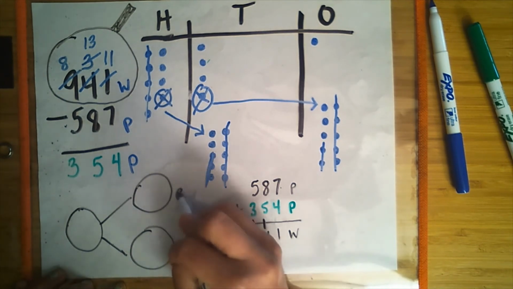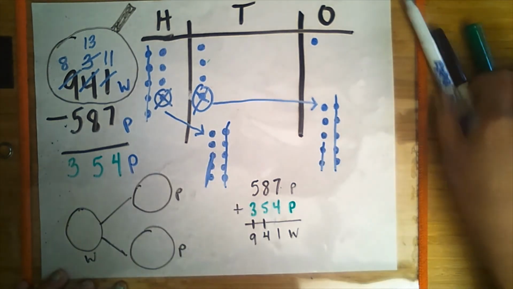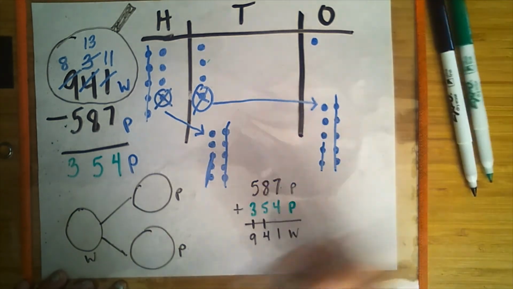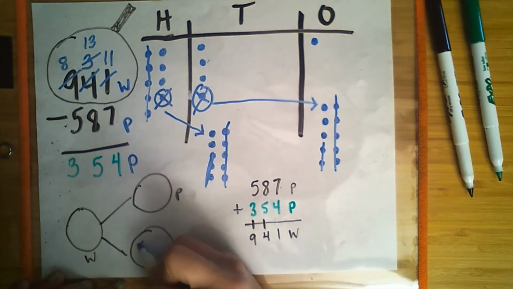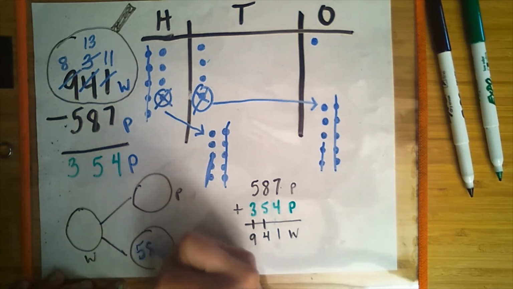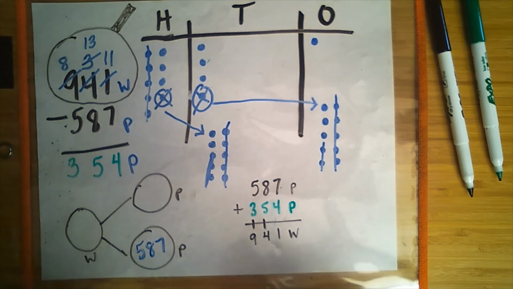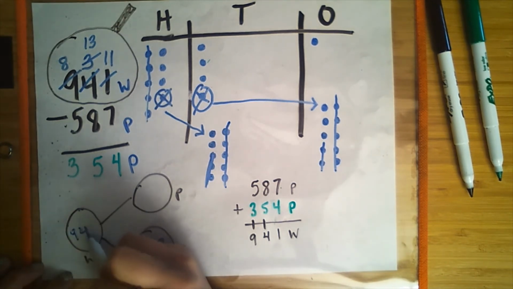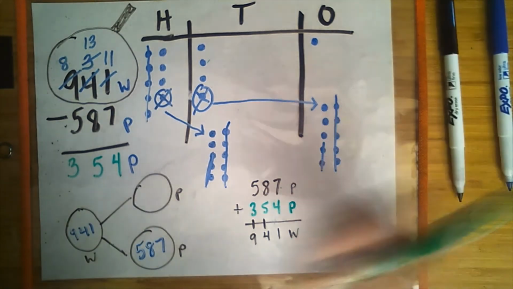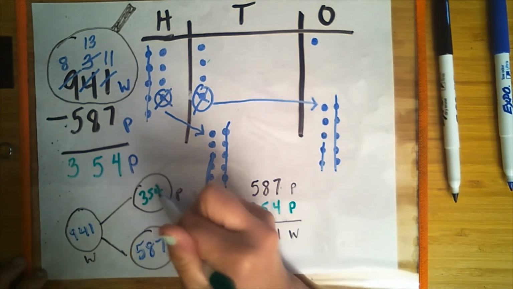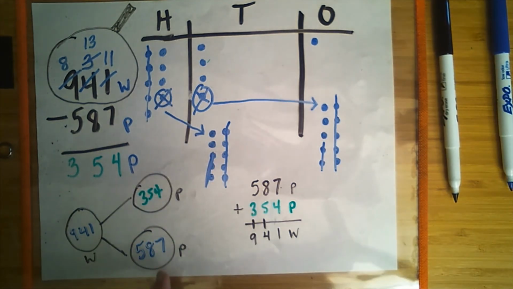So let's label our parts and our wholes. Our given parts being 587, and then our whole being 941, and our missing part being 354. So 587 plus 354 equals 941.